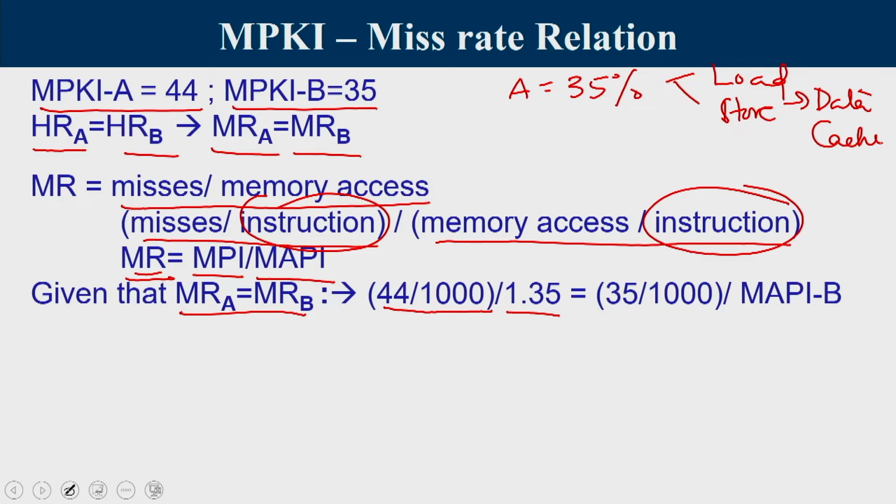For every instruction, surely there is one iCache access, because every instruction has to be fetched. But out of 100 instructions, 35 of them will go to the data cache. That means memory accesses per instruction is 1.35. This 1 is due to iCache and this 0.35 is due to Dcache.